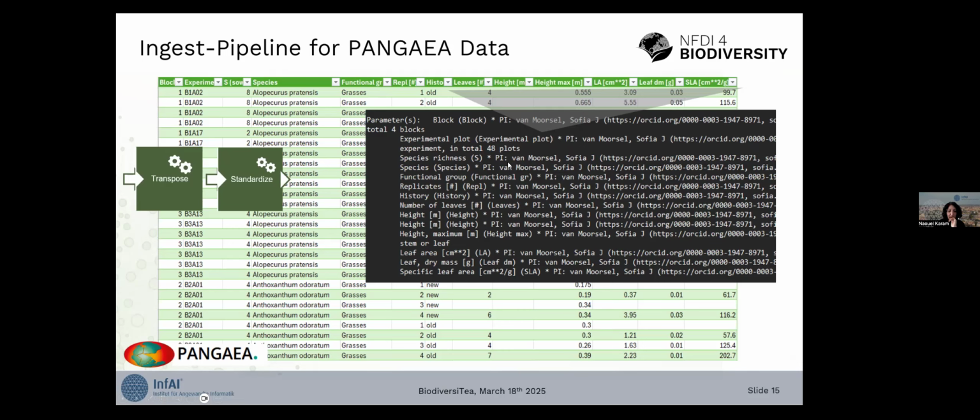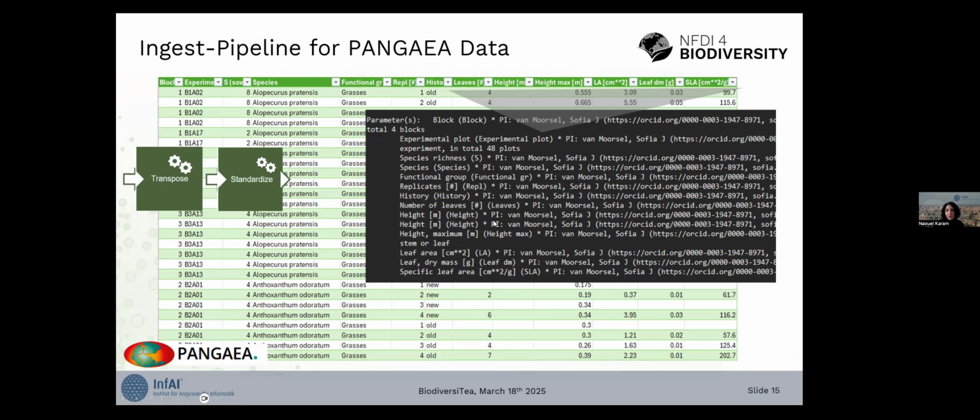So there is a lot of work from curators to standardize those names. For instance, here you can see SLA, which has been curated to be the specific leaf area, and also giving the units that have been used.